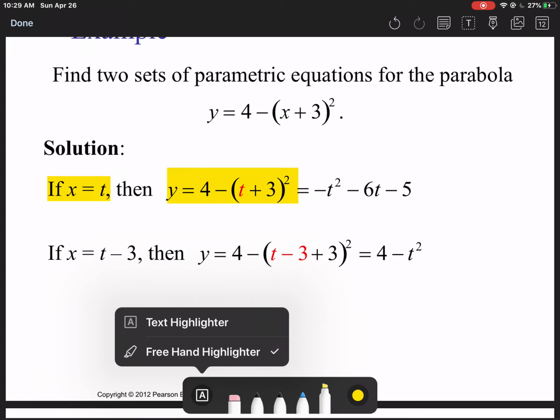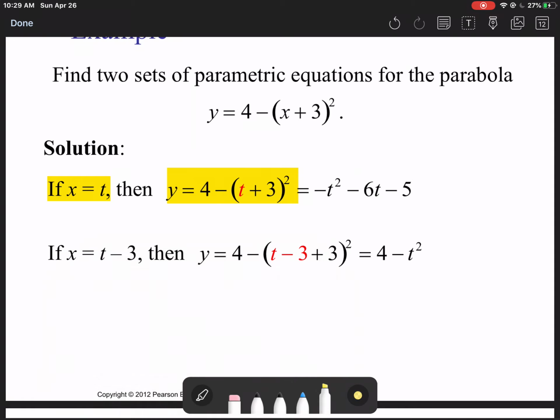Then if x equals t, in our equation, y equals 4 minus (t plus 3) squared, and then I just multiplied all that out to get this equation. It's that straightforward.